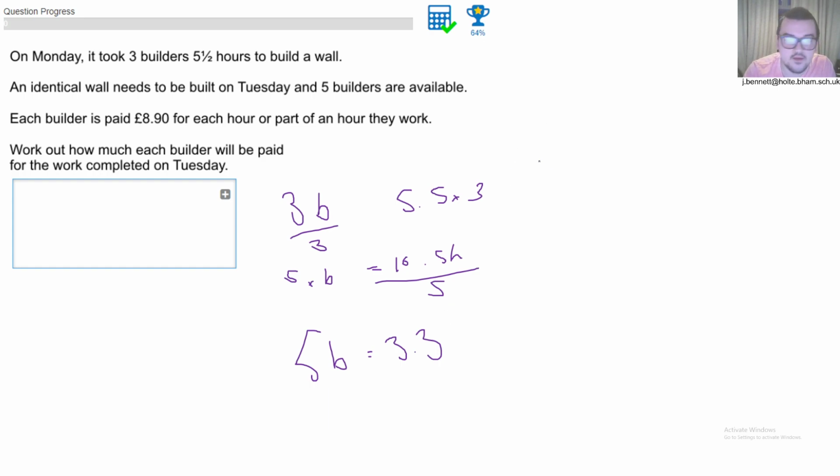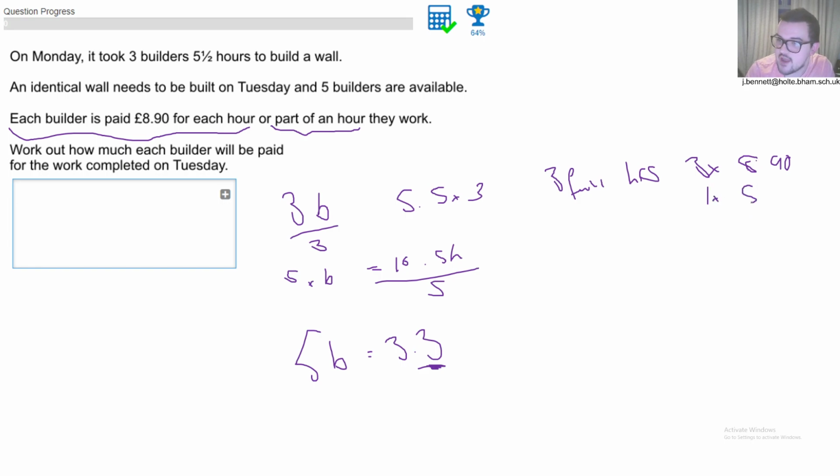So how much is it to pay an hour? £8.90. So we have 3 full hours. So we have 3 lots of £8.90. It says each builder is paid £8.90 for each hour or part of an hour. So this 0.3 is part of an hour. So they have an extra £8.90 because they've worked 3 full hours and 1 part of an hour.